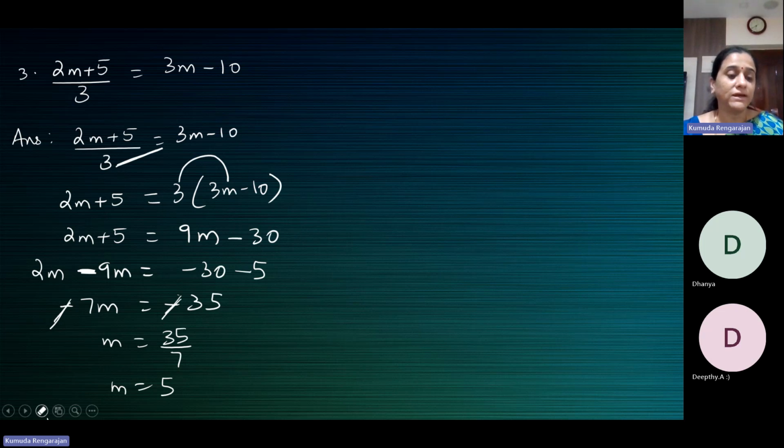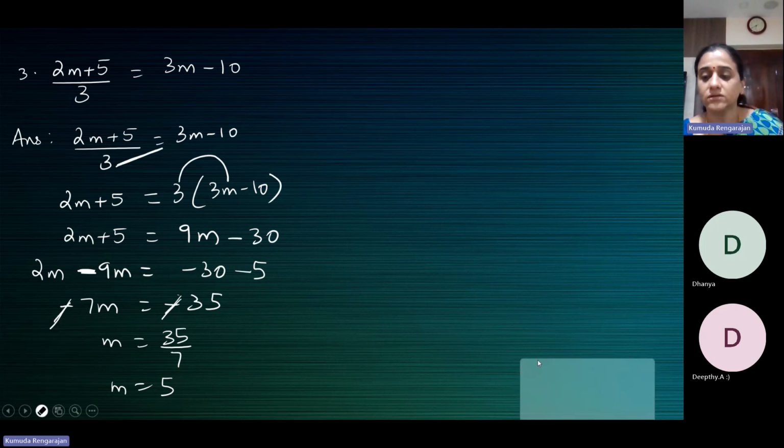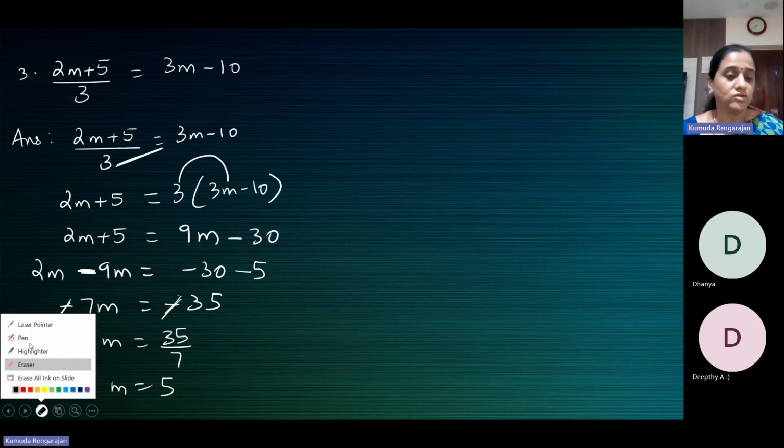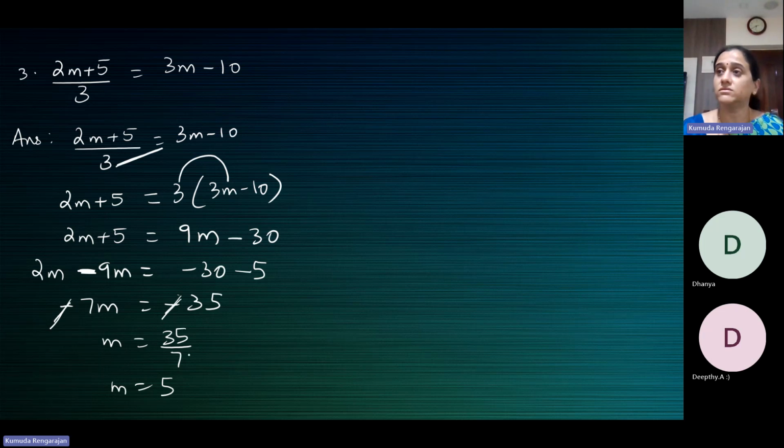No. The sign for minus 30. Now there are two numbers, no? For 30, it is minus. For 9m, it is plus. If you're taking this 30 to the other side, then minus 30 will become plus 30.